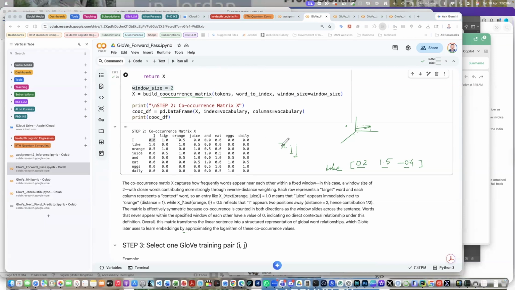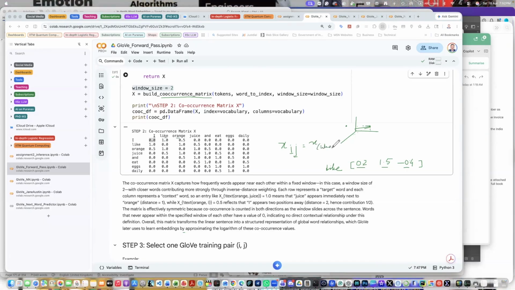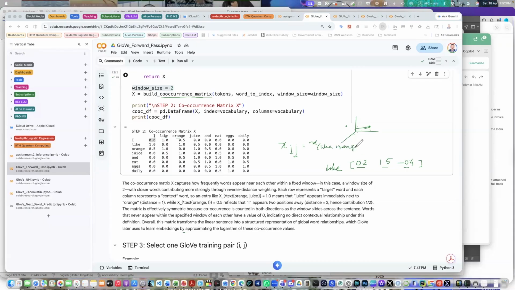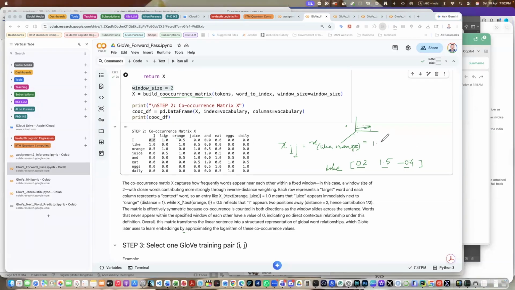So I can say xij for "like" and "orange". How much is this? "Like" and "orange" is 1.0. This is the place.